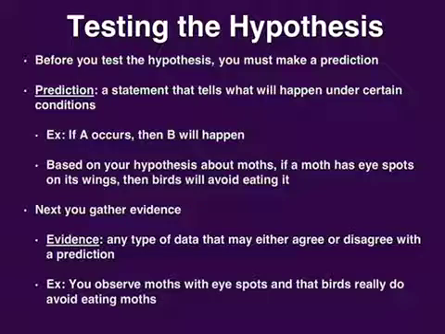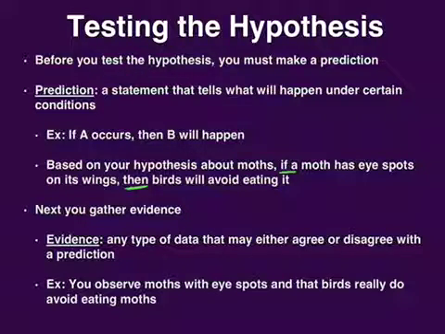The general format of a prediction is that if A occurs, then B will happen. Based on your hypothesis about moths, we could say if a moth has eye spots on its wings, then birds will avoid eating it. It's kind of like a cause and effect statement.